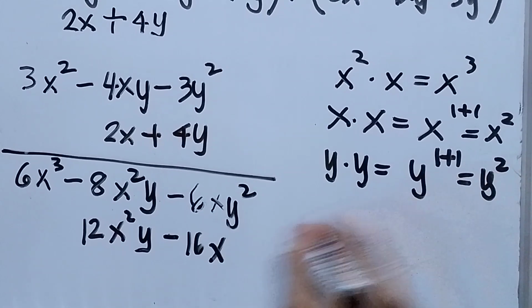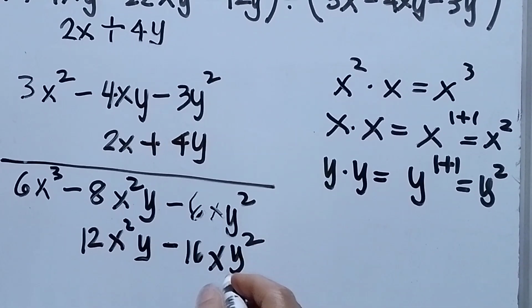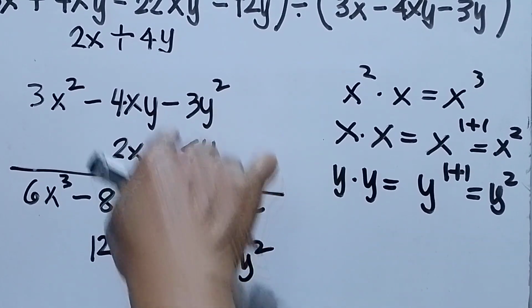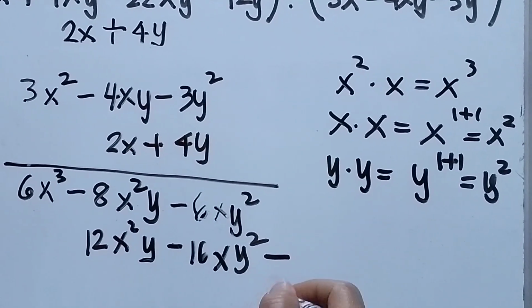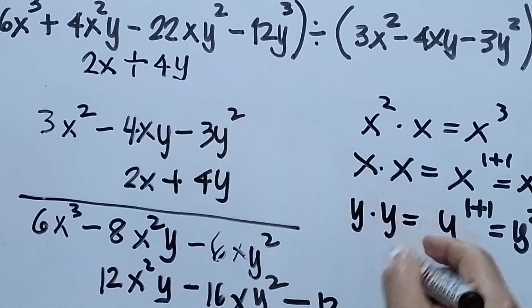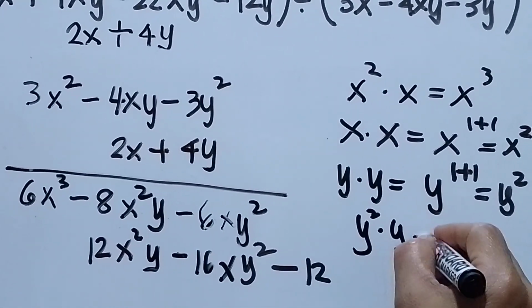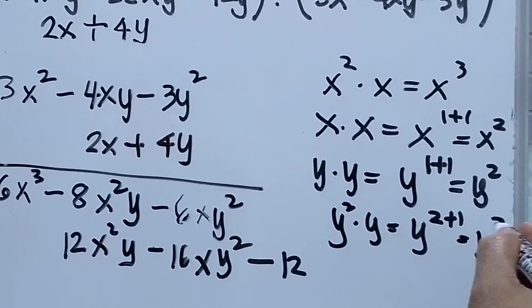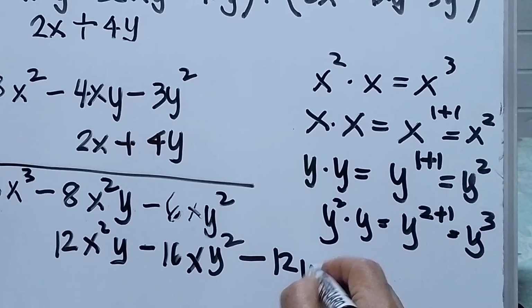Then I have y squared. So this will be y squared. And then the last one, positive times negative is negative. 4 times 3 is 12. Then y squared times y, y to the 2 plus 1, this will be equal to y cubed. So this will be y cubed.